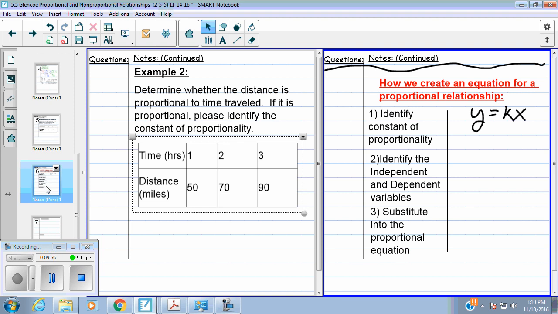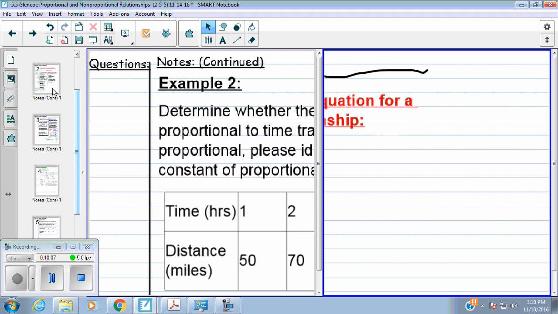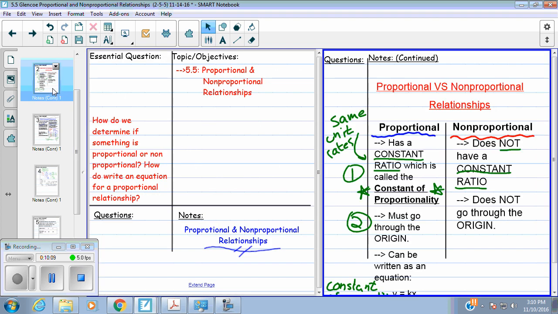Okay, welcome back. So identify the constant of proportionality. Well, we learned in slide 1 that something that's proportional has a constant ratio, which means they have the same unit rates. And a new name we're going to call the same exact thing is the constant of proportionality.